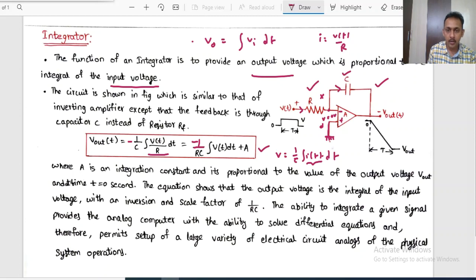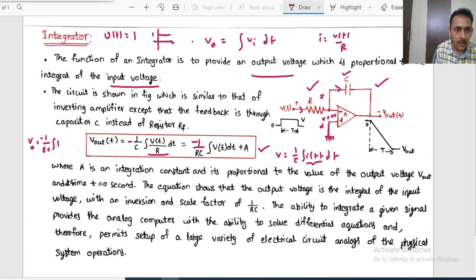For example, if the input voltage v of t is equal to 1, let it be 1 volt DC, its waveform is a constant value. What about the integral of 1? Then what will be the value of the output? V out will be minus 1 by RC integral of 1 with respect to dt.